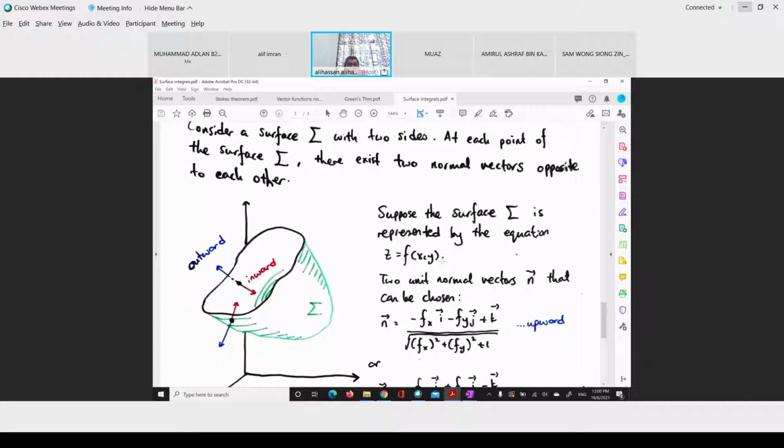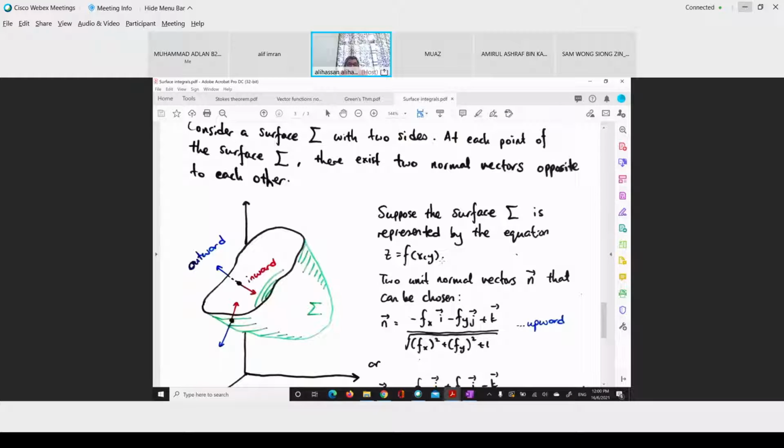Because if you look at the statement of the Stokes theorem once more, we have this n in the formula of the surface integral. This is dot n, so this n refers to a normal vector.